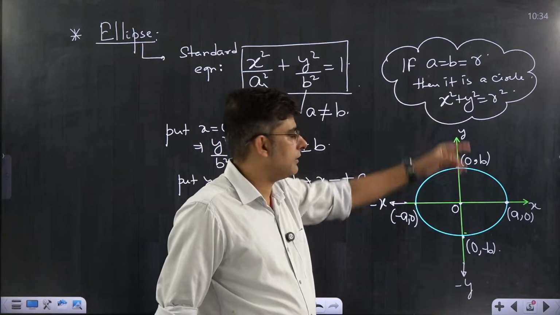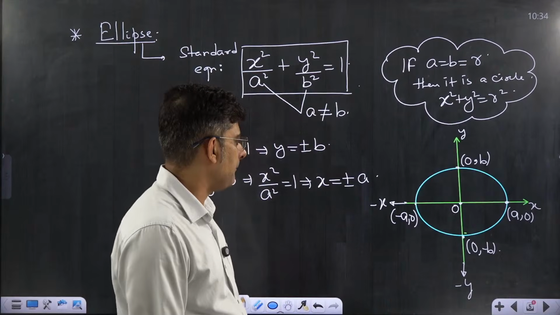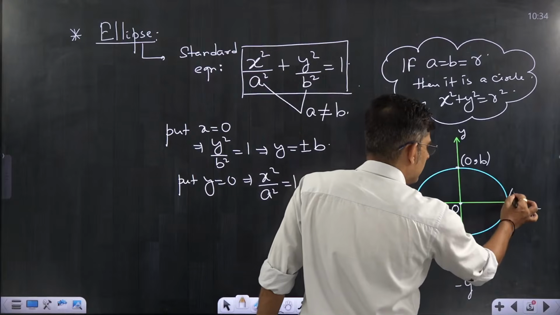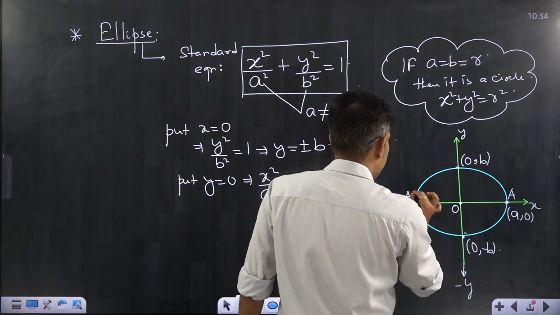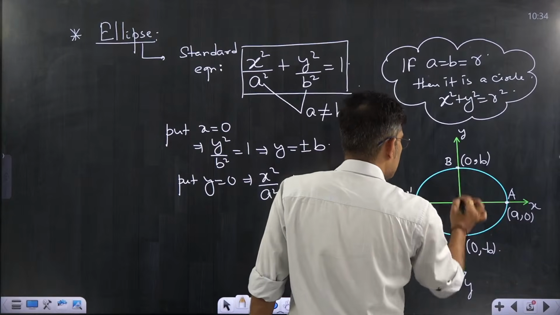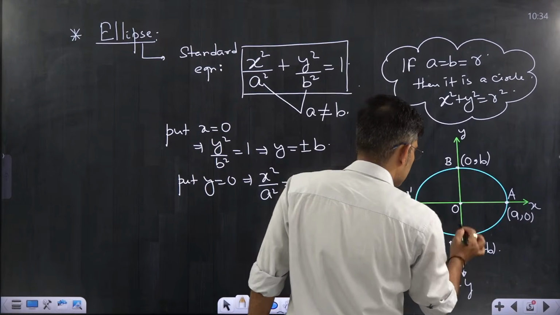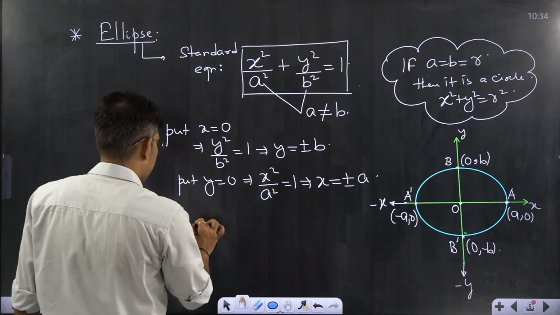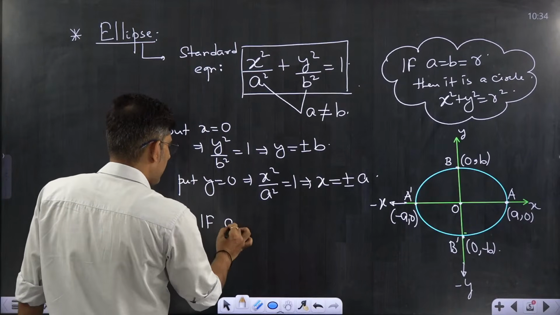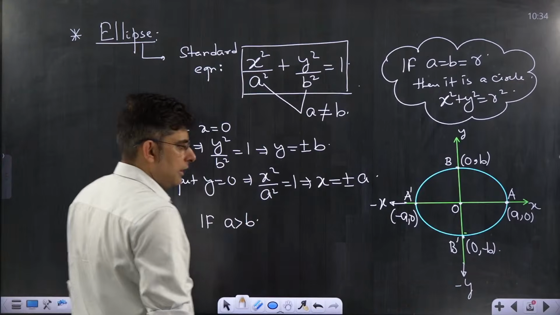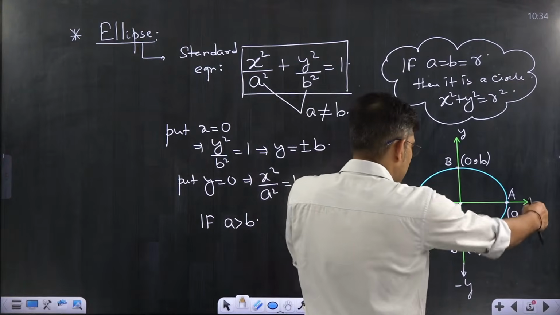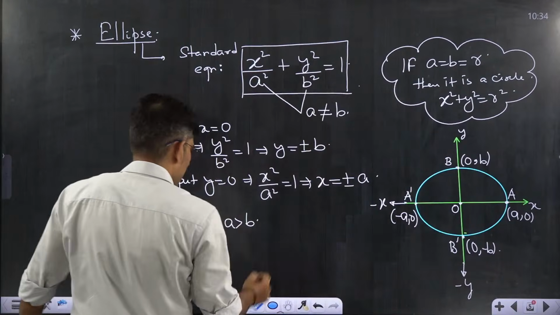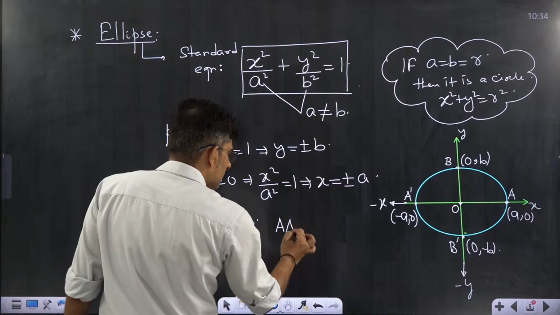So that's why it is a circle if a and b become equal. So this is an ellipse. If I name these points A dash and B dash, generally if a is greater than b, then AA dash will be greater than BB dash.